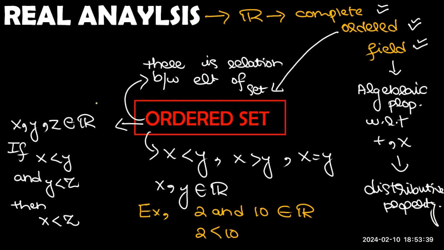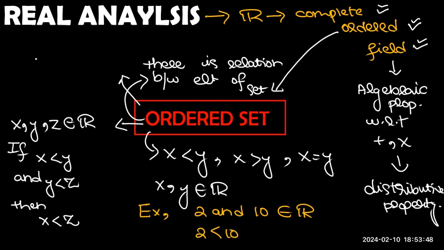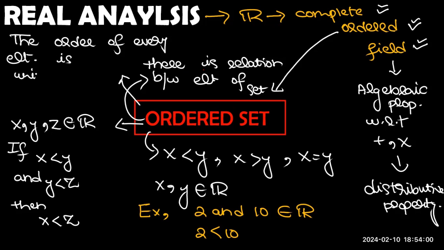And always remember that the ordered property means that the order of every element is unique. On the real number system, the location of every element is unique.